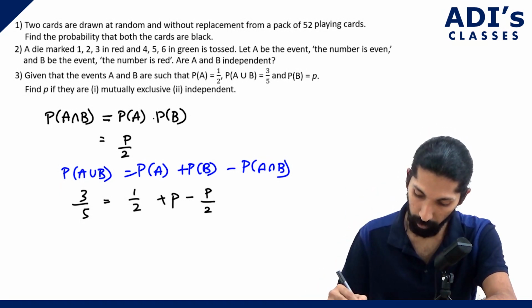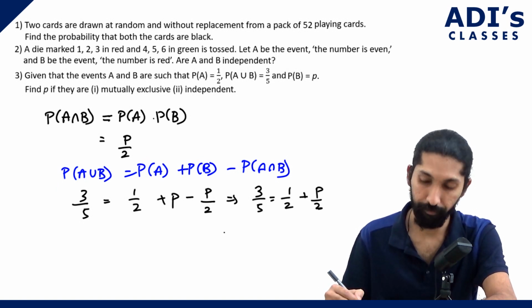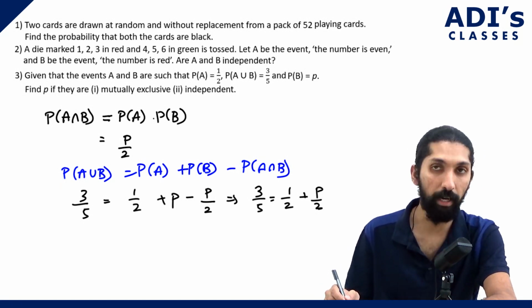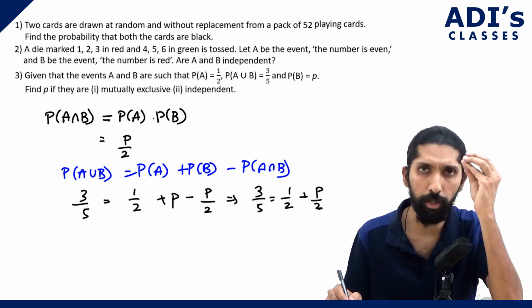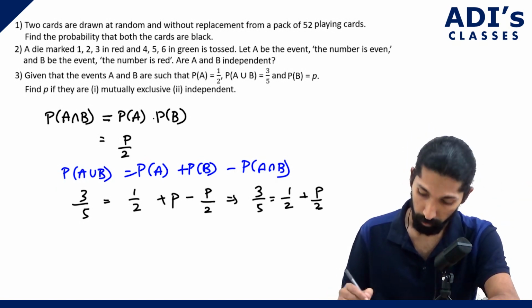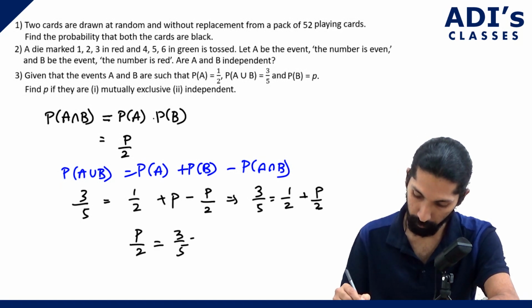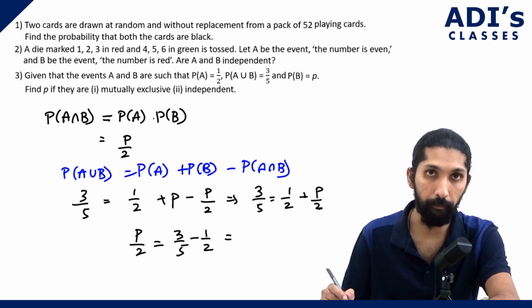So if you take this, we'll get 3 by 5 is equal to half plus P by 2, correct? Now, you can take LCM in the RHS and directly do it, or you can do any math you want. So here P by 2 is equal to 3 by 5 minus 1 by 2. 3 by 5 minus 1 by 2, we just did, that's 1 by 10.